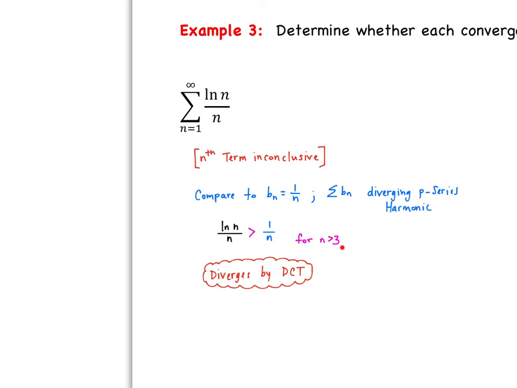So any value of n greater than 3, this holds true, so that works as a comparison. Since the smaller one diverges, meaning 1 over n, the entire thing is going to diverge by the direct comparison test.